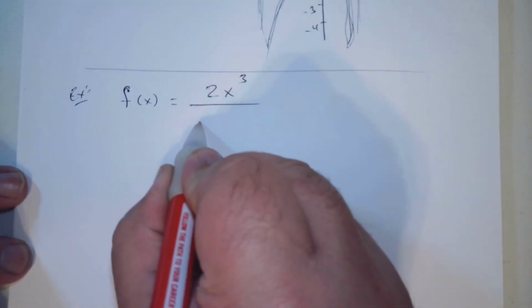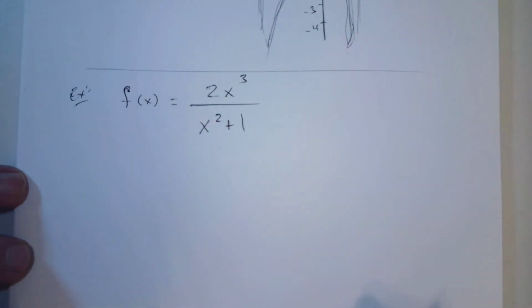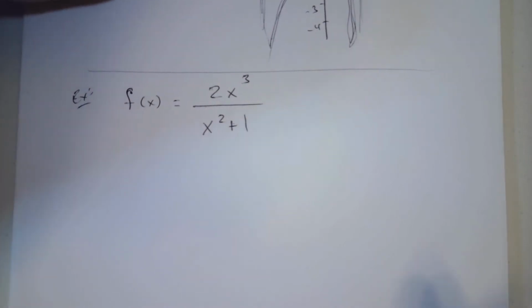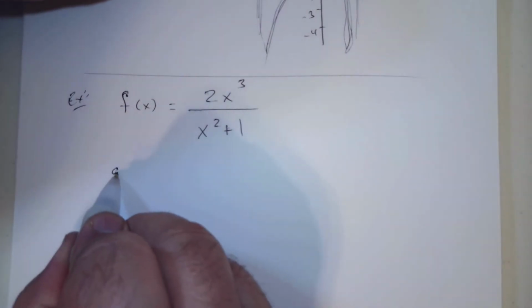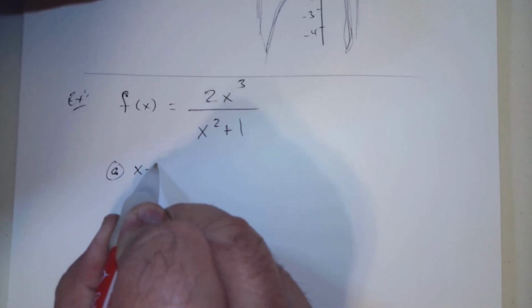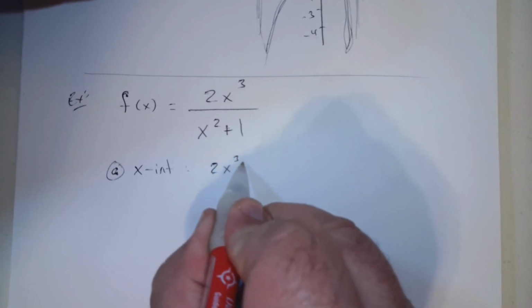2x cubed over x squared plus 1. First one, the x-intercepts: set the top equal to 0.